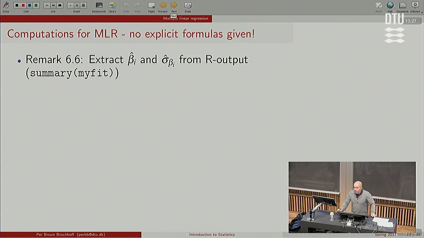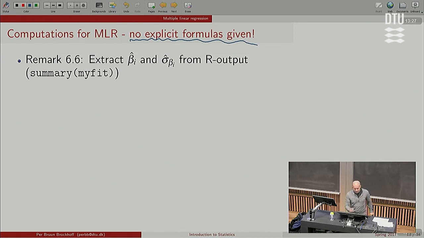And here is a very information-heavy slide put into a few points. I don't show all the method boxes and theorems now, I'm just mentioning them on a single slide. First of all, I repeat what I said. I'm not giving you in this course a formula that you need to be able to use explicitly to compute the betas of an MLR.